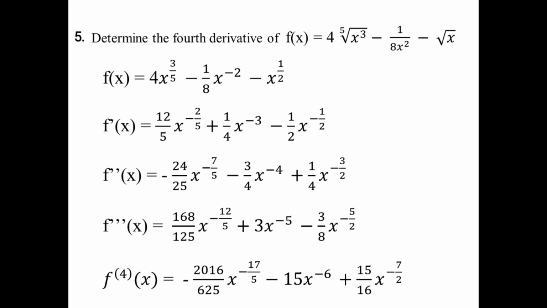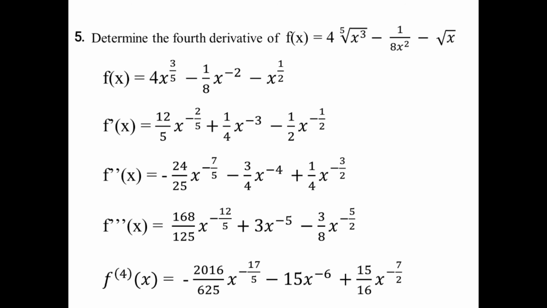And in our third term, we have negative 5 halves for our exponent in our variable x. Then multiply to negative 3/8. That's why we have positive 15 over 16. x raised to negative 5 halves minus 1 is equal to negative 7 halves. And this will be our final answer.